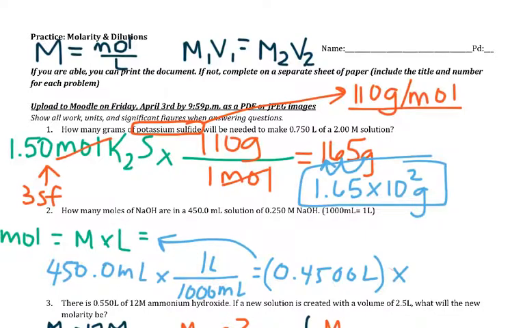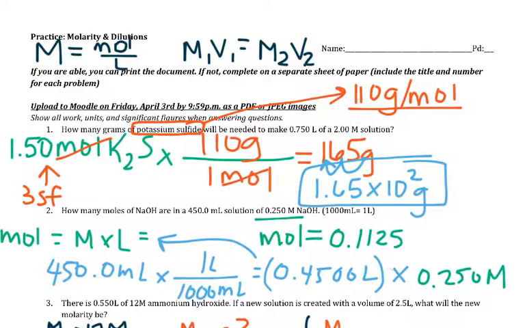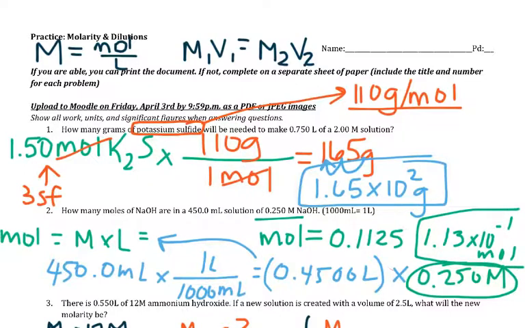So we're going to times it by our molarity given here to calculate the moles, which comes out to be 0.1125. And then keep in mind you're going to need 3 sig figs based on this number. So 1.13 times 10 to the negative 1 mole is going to be your final answer on number 2.